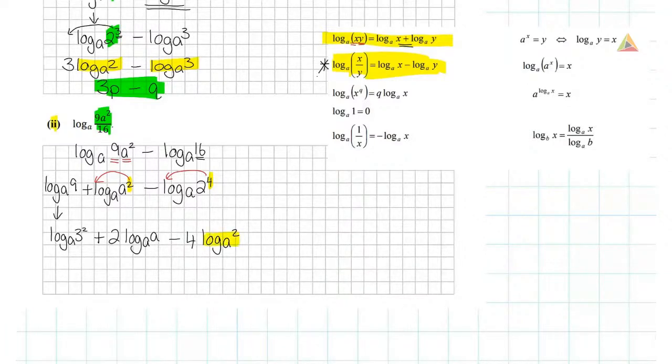So this is actually perfect because that's just our p. And all we have to do here is move that 2 down in front again. So it becomes 2 times log to the base a of 3, and we know log to the base a of 3 is just q, plus 2 times log to the base a of a minus 4 times log to the base a of 2.